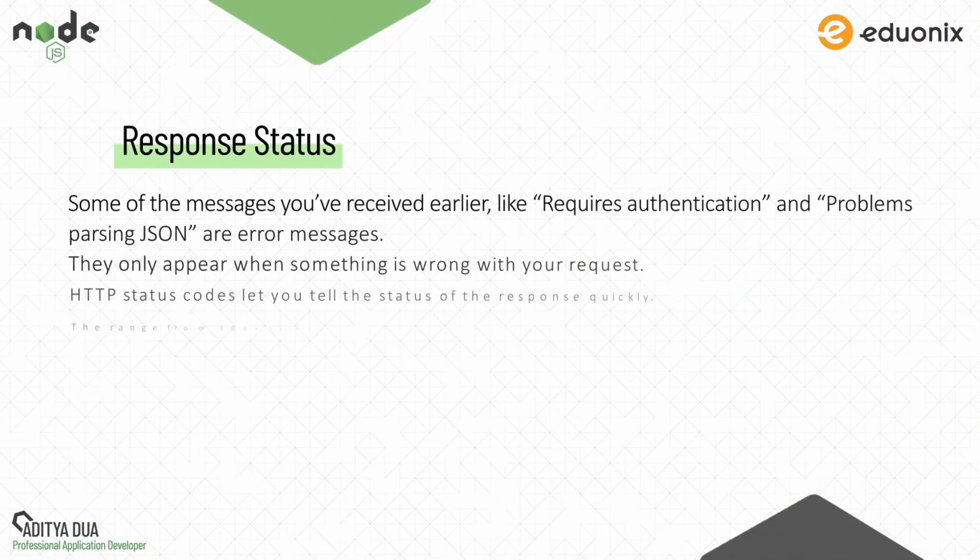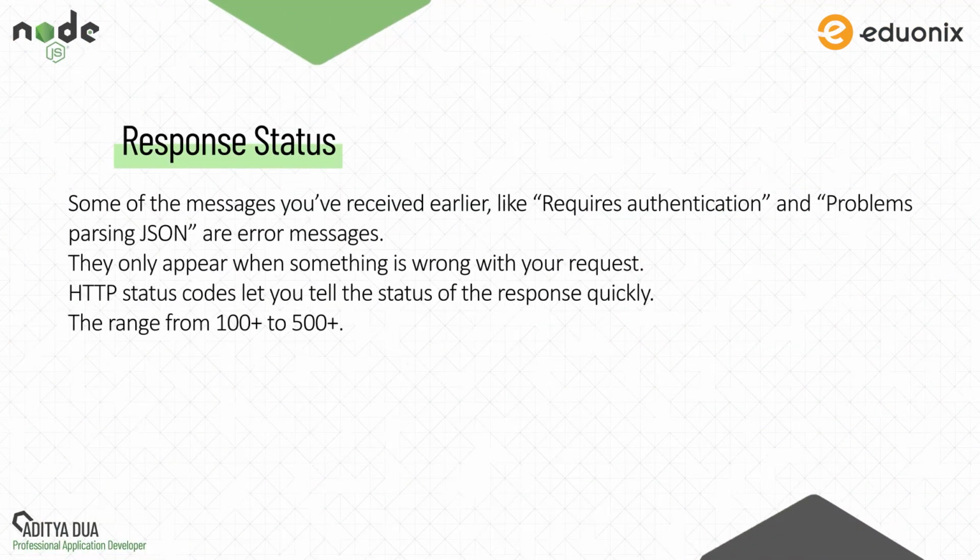The next thing is response status. When you are triggering a request, you need to understand what has happened to your request. Is my request okay? Was there some error? Was the server available? All of that comes using the response status.